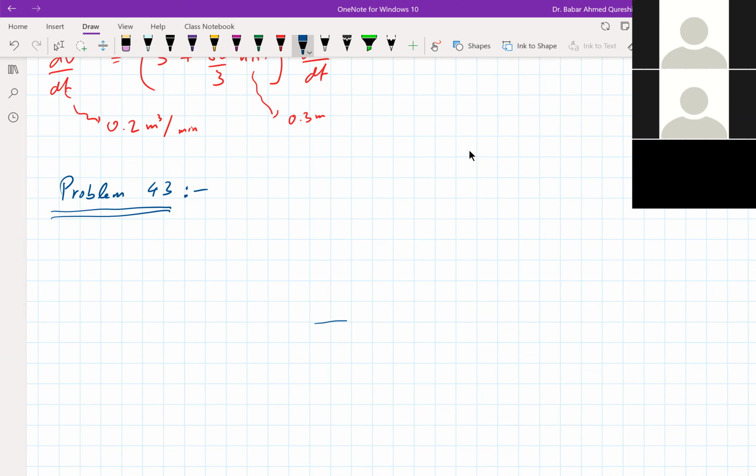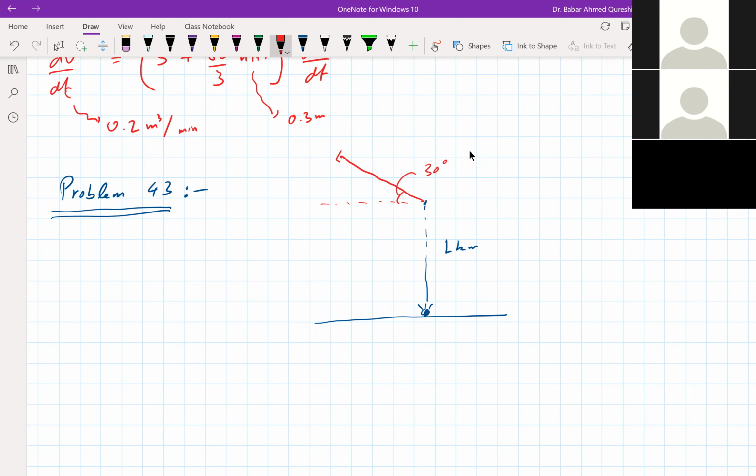So there's a ground radar station here and a plane directly above it at an altitude of 1 kilometer, and it's rising at an angle of 30 degrees.